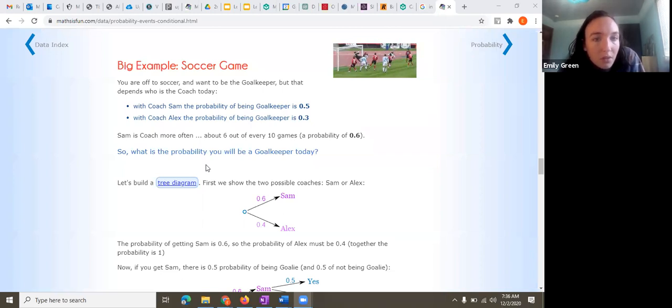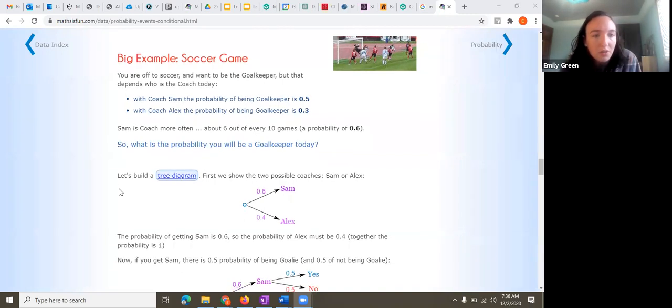So about 6 out of 10 games. What is the probability that you'll be a goalkeeper today? So they actually said that the probability is 0.6 instead of 0.5. So we're going to use that 0.6. So today, if Sam shows up as the coach, then it's a 0.6 chance.